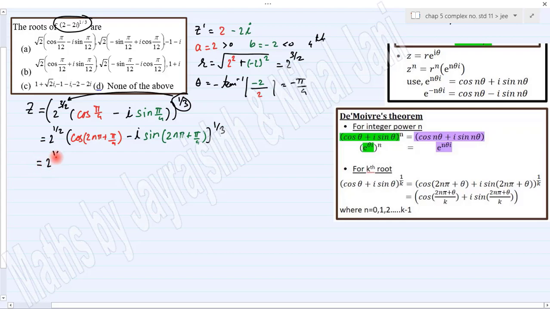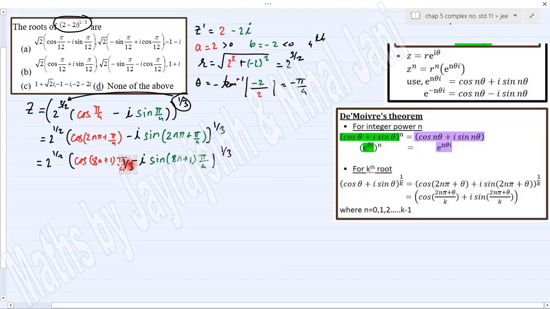whole raised to 1 by 3. Or if we simplify the angle, you will get cos of 8n plus 1 pi by 4 minus i times sin the same angle, 8n plus 1 pi by 4, raised to 1 by 3. So we are ready to apply De Moivre's theorem.